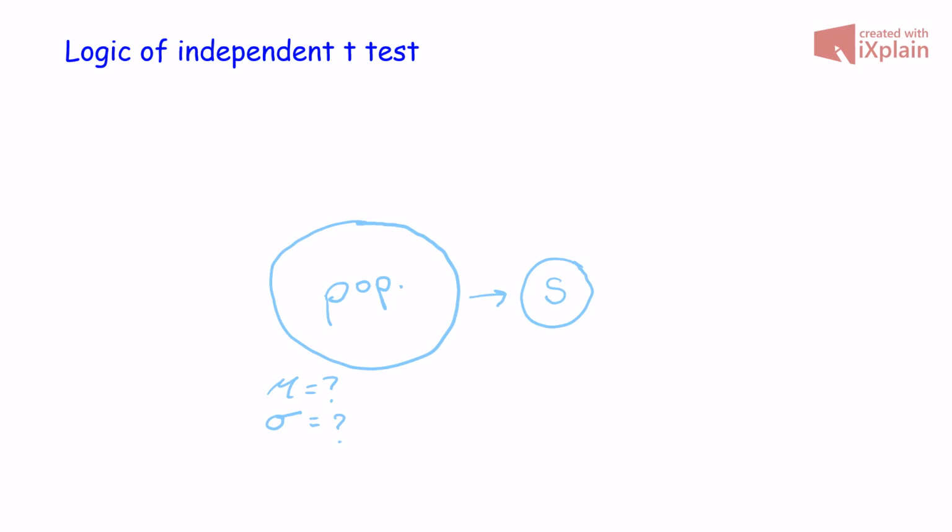As always, you start with a major population that's too big for you to study the whole thing, so you take a sample. In this situation, we do not know the population parameters. From the sample that we took, we divide that sample into two different groups.